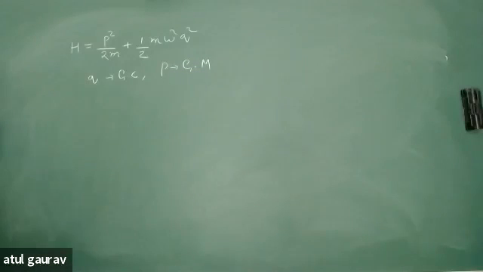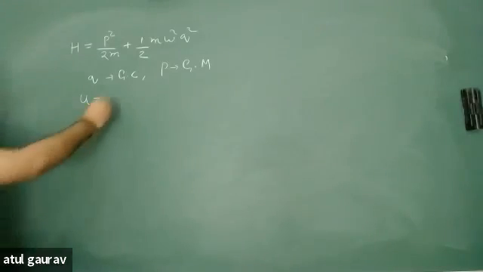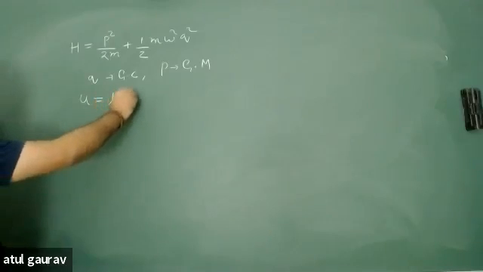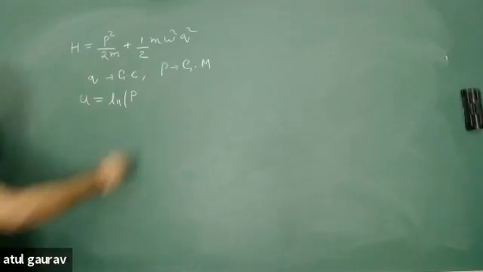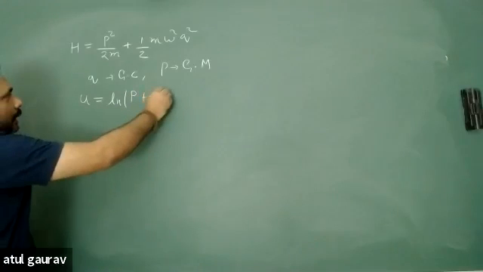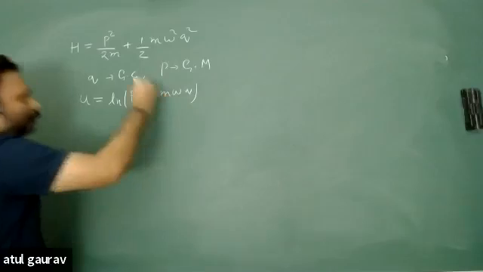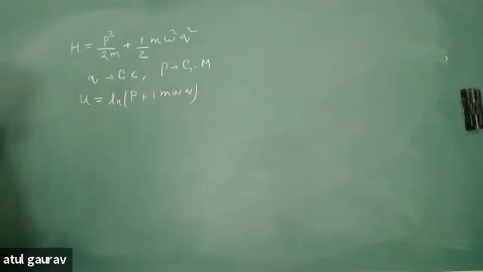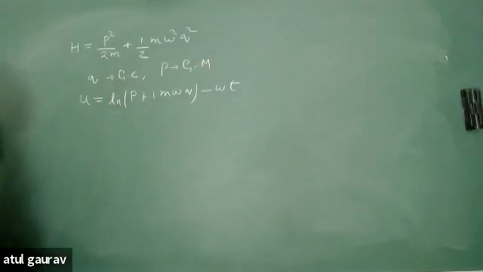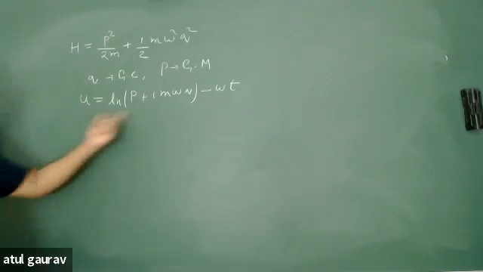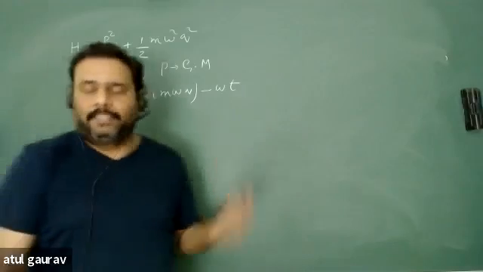And let's say there is a very interesting function u, which is ln(p plus imωq) minus iωt. I don't know what this particular thing is.